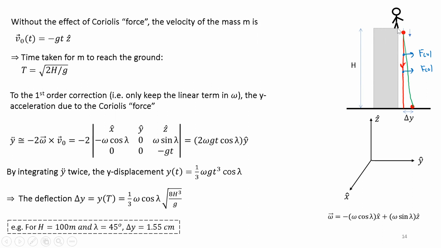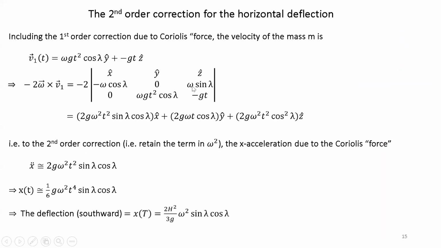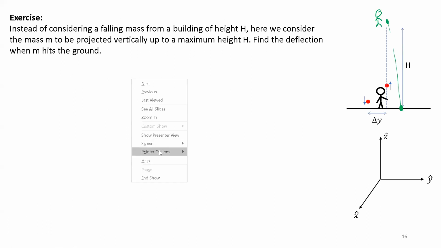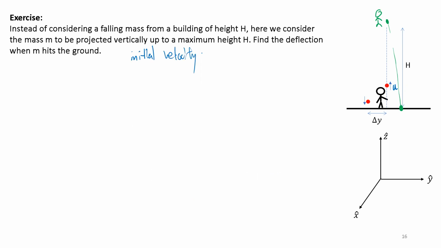Compared to this experiment, the v naught t that we have this time is rather similar, but we have a non-zero initial velocity, which let's say is u, in the positive z direction.